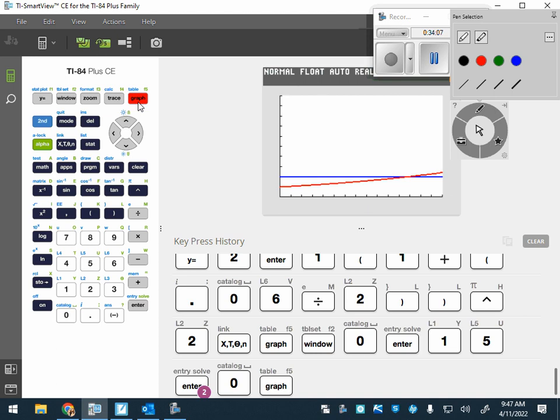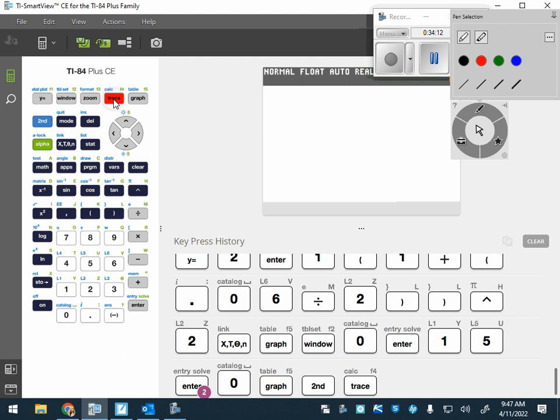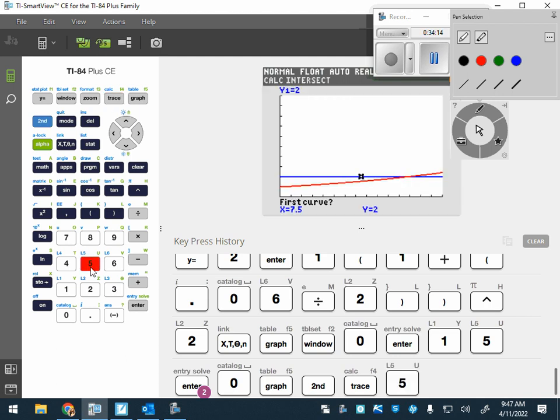Here's where it would show the intersection. Second trace, number 5, enter 3 times. Approximately 11.7 years to double your money.